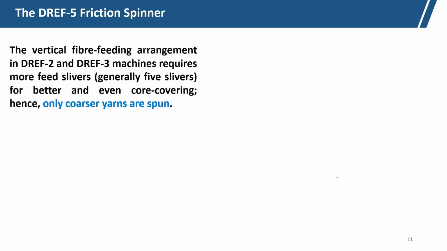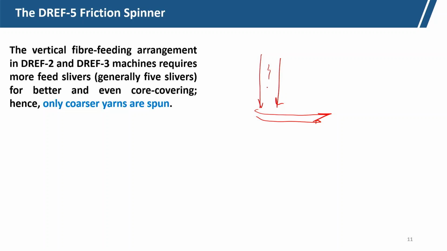Now, after that DREF 5 friction spinner came. The problem of DREF 2 or DREF 3 system was that the fibers fall vertically, and then there is a sharp change in direction.